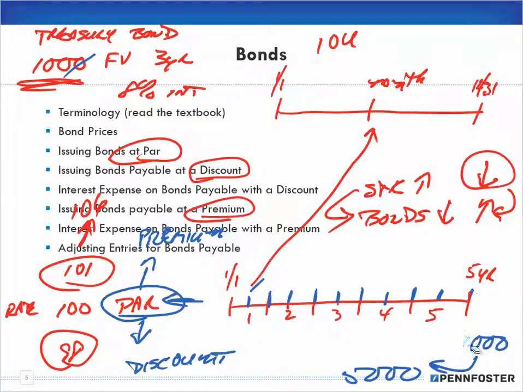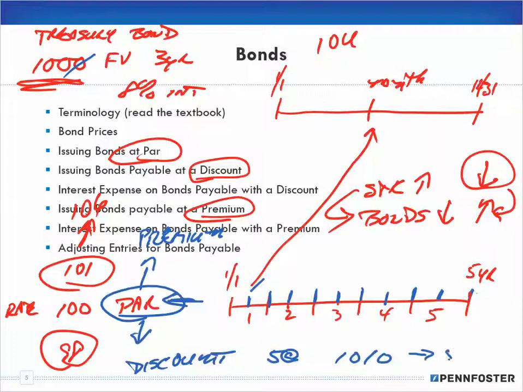If the bond price was 101, and you want to buy 5 of those bonds at 101, well, remember, 101 is the price. The face value of each is 1,010. So if I buy 5 of them, I'm paying $5,050 for it.